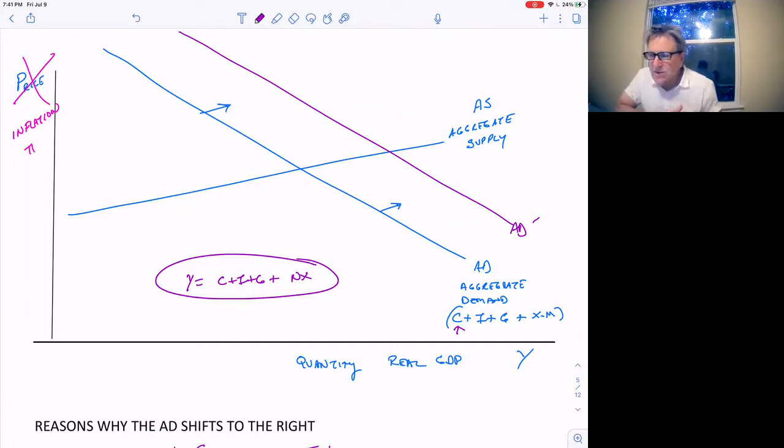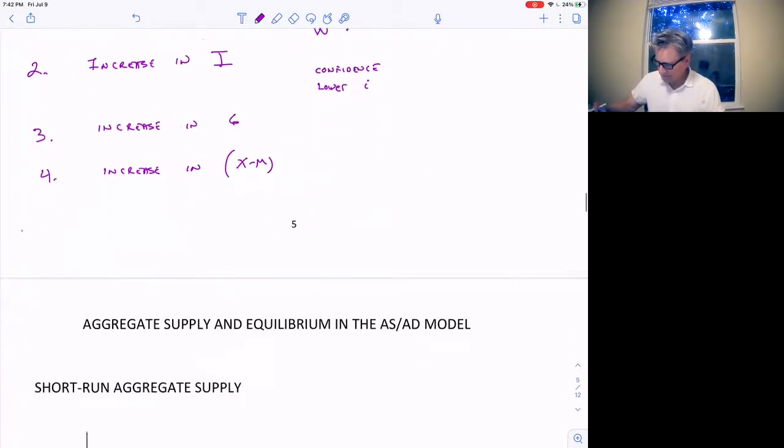But anything else that affects the quantity demanded for real GDP will shift the curve to the right or the left. This is all very similar to when we're talking about a regular demand curve. Price causes a movement, anything else causes a shift. Same thing that's going on here.